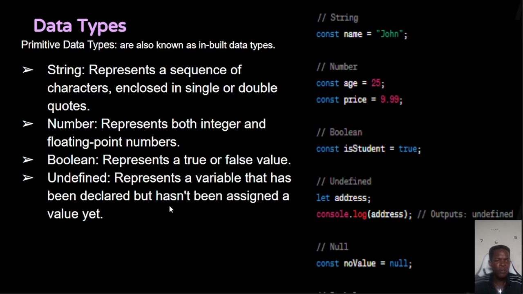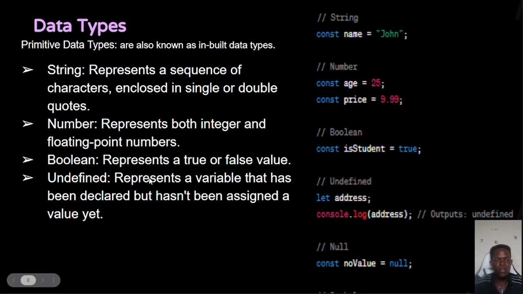Then we have undefined. Undefined represents a variable that has been declared but hasn't been assigned a value. We'll come to that. Just know that there's something called undefined. Just like we have const number, but we didn't actually define a value. We just declare the variable. We declare the name Pius, but we've not said, okay, this guy should be Pius.